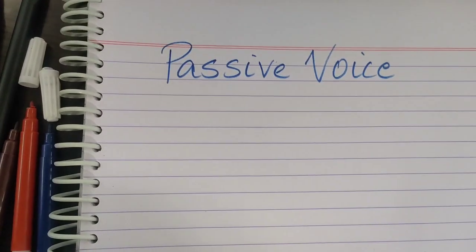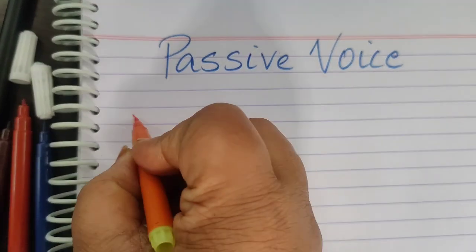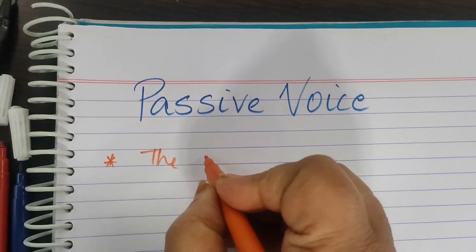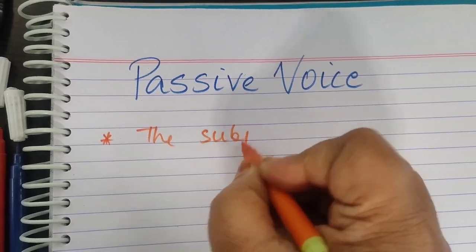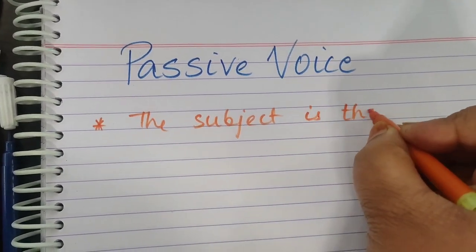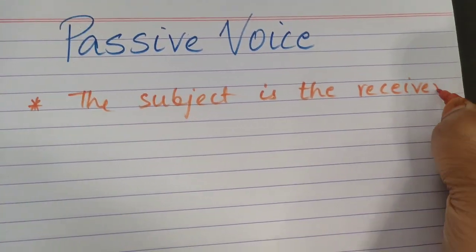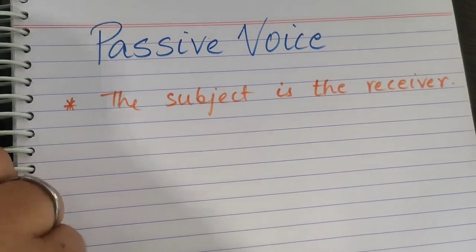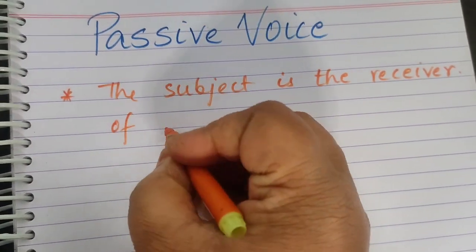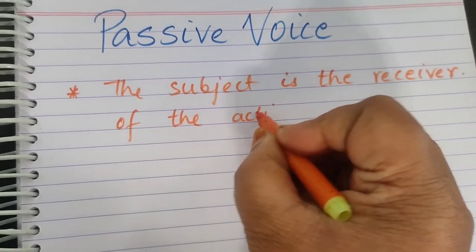Okay, what is passive voice? So in passive voice over here, the subject is the receiver. The subject comes at the receiving end. It becomes the receiver of what? Of the action that has just taken place. Of the action.